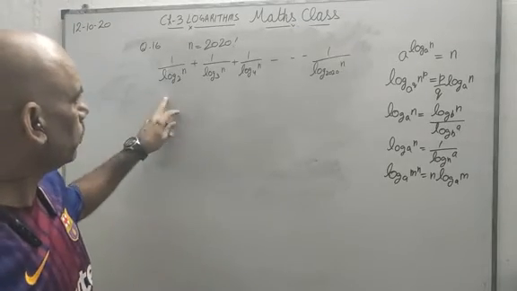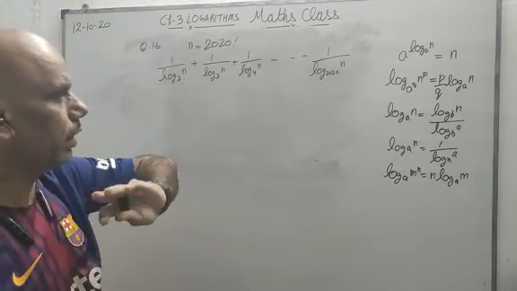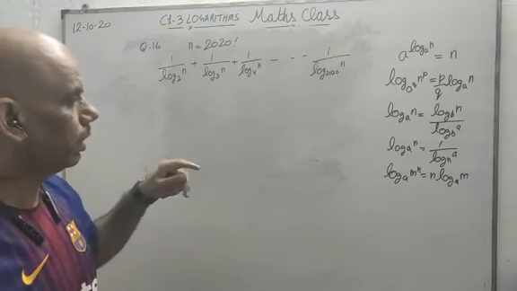So what you can see is that every time it is n and the base is different.